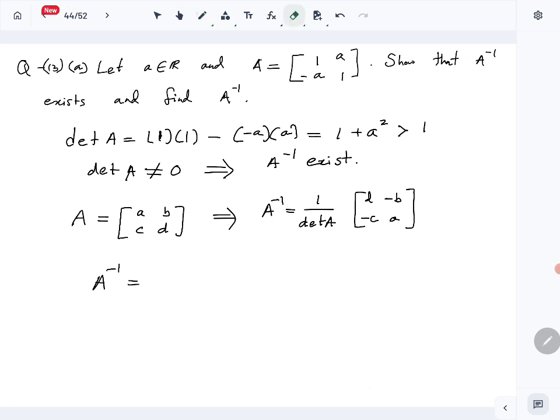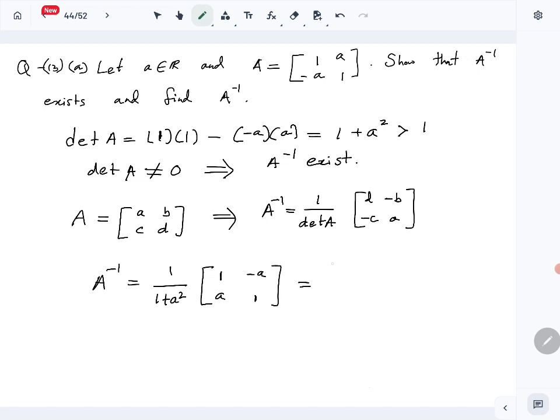So using that formula, let's write down A inverse. For this question, determinant of A we found is 1 plus a squared. So 1 over 1 plus a squared times, these two elements we have to flip the order. So 1 goes to 1, 1 goes to 1, so there's nothing to change there. And each element in this diagonal has to be multiplied by a minus sign, so minus a.